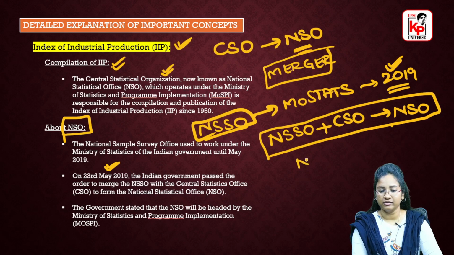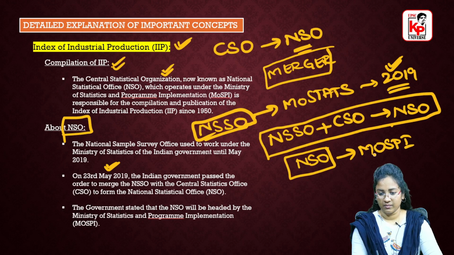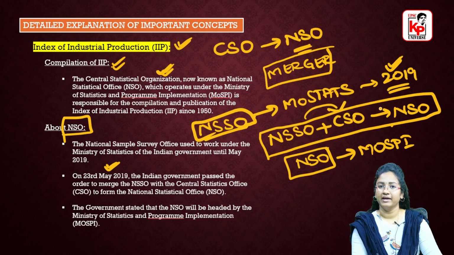And this NSO, the finally merged entity, comes under our Ministry of Statistics and Program Implementation, right? So do you remember this? First of all, as you can see, NSSO and CSO were merged and it has become NSO.